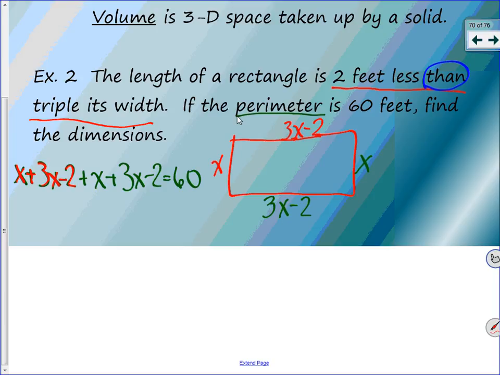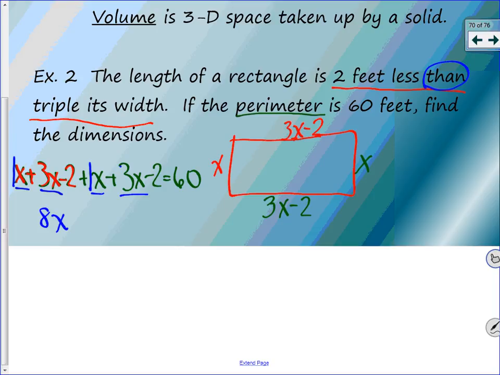Questions on that? What's the first step of solving then? Charlize? Okay, so which like term would you like to combine first, Charlize? Okay, so we have x, 3x, x, 3x, so how many x's, please? 8x. So 1, 2, 3, 4, 5, 6, 7, 8x. Good job.